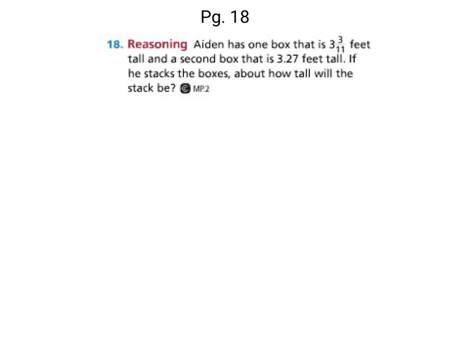Number 18. Aiden has one box that is 3 3/11 feet tall and a second box that is 3.27 feet tall. If he stacks the boxes, about how tall will the stack be? Okay, so if he has one box that is 3 3/11, let's go ahead and make that a decimal.